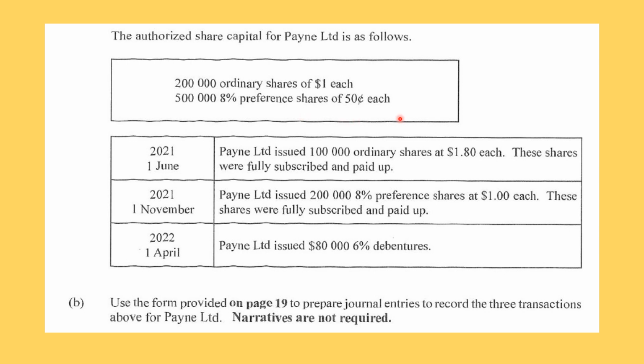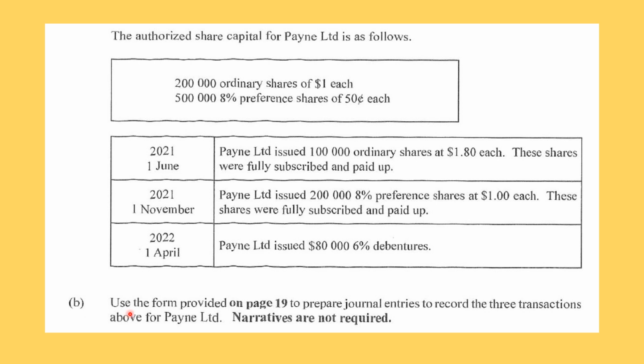Now, these are the only two types of shares that this business had, and then from this they would have issued shares on the 1st of June and the 1st of November, and on the 1st of April they issued not shares but debentures. So let's read what it is they require us to do.